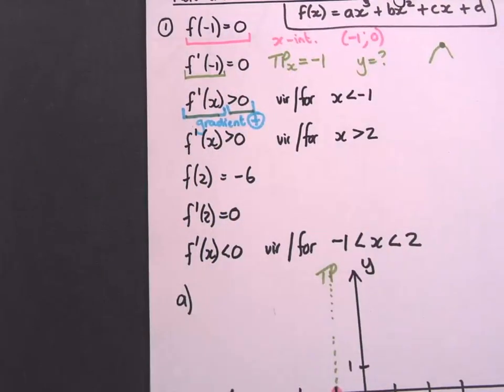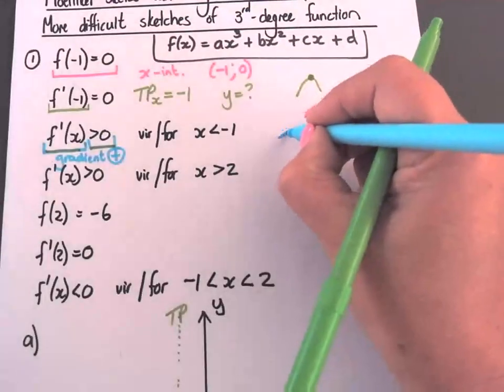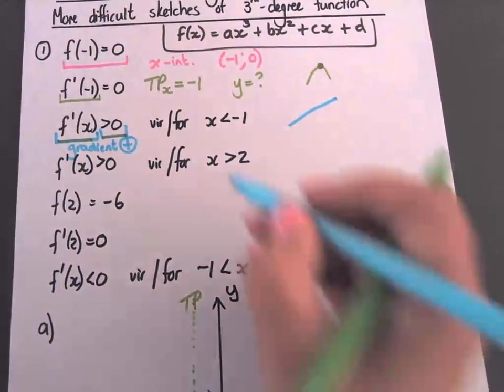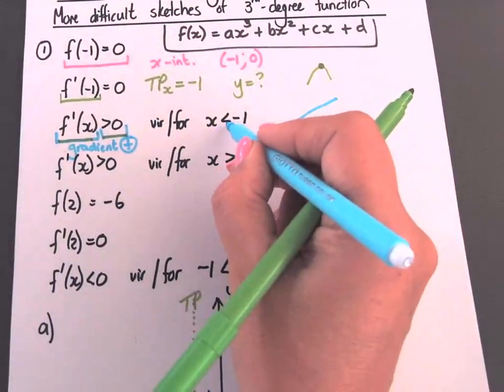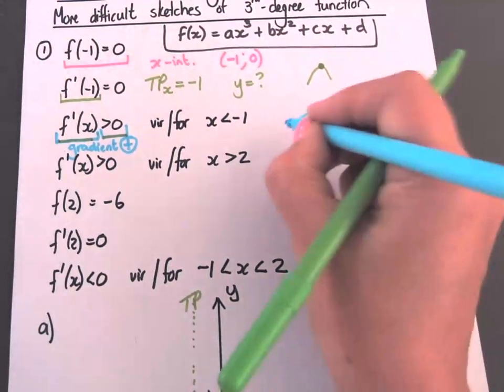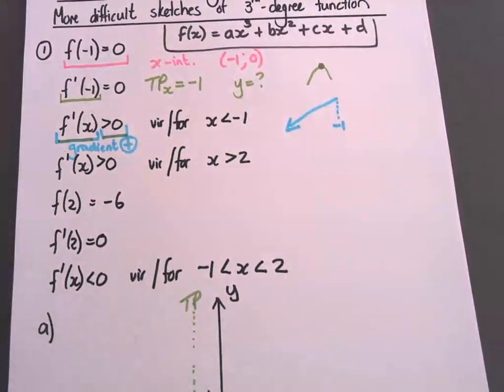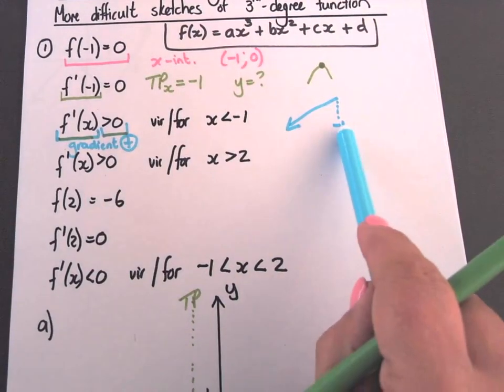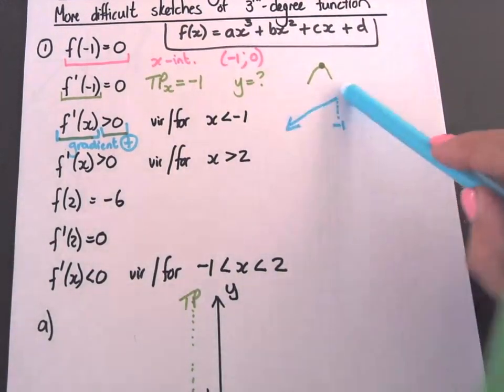This is what you think. So I have a positive gradient where x is smaller than -1. So that must be -1. And my graph somewhere will look like that. Below, to the left-hand side of -1, we have a positive gradient.